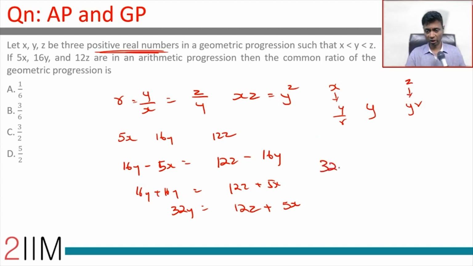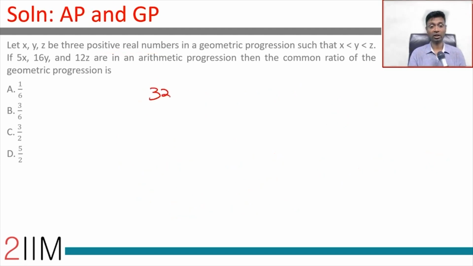We can say 32y equals 12yr plus 5y by r. Cancelling y, we get 32 equals 12r plus 5 by r. Multiply by r, 32r equals 12r square plus 5.